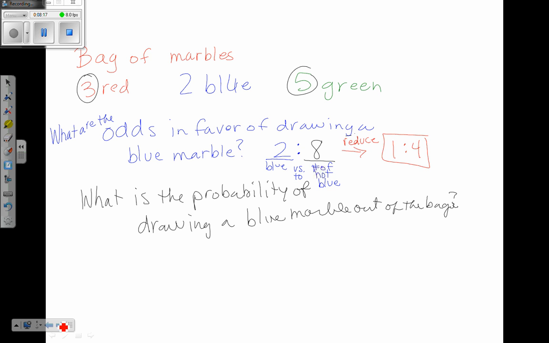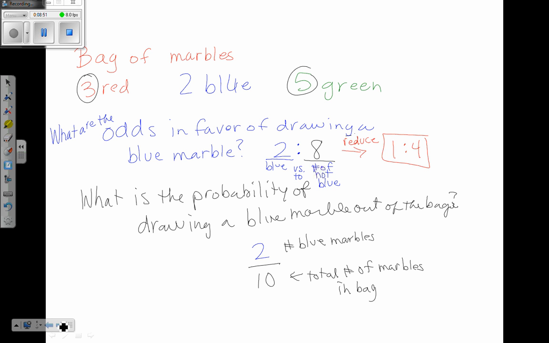Okay, so then how does that relate to probability? What is the probability of drawing a blue marble out of the bag? Well, a probability is a fraction. So we put the number of blue marbles on top, which is 2. We have 2 blues. But then, as our denominator, we have the total number of marbles in the bag, and that would be 10.